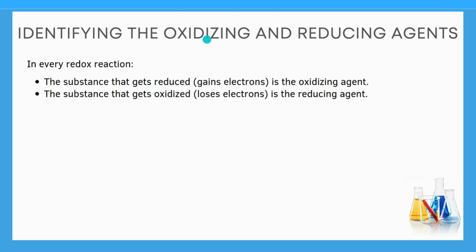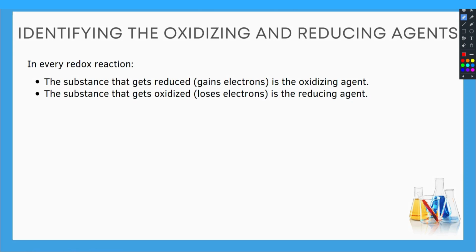Now we want to talk about identifying the oxidizing and reducing agents in redox reactions. Now it is important for you to note that in every single redox reaction you see out there, the substance that gets reduced gains electrons and is the oxidizing agent. I'll explain.